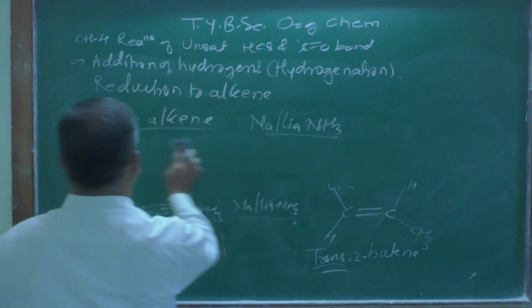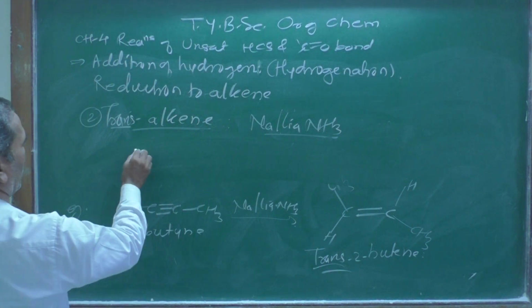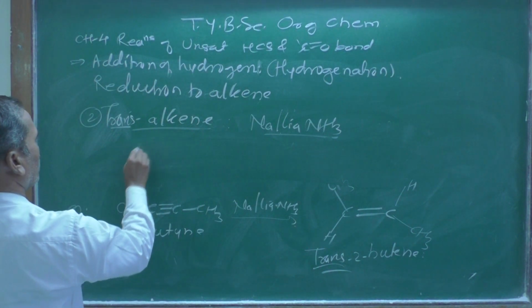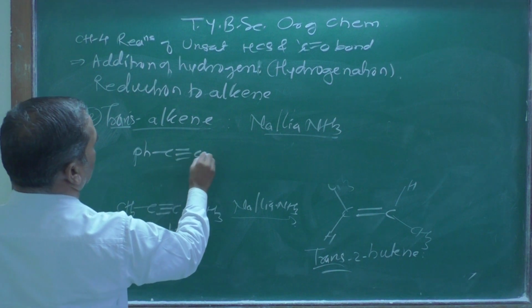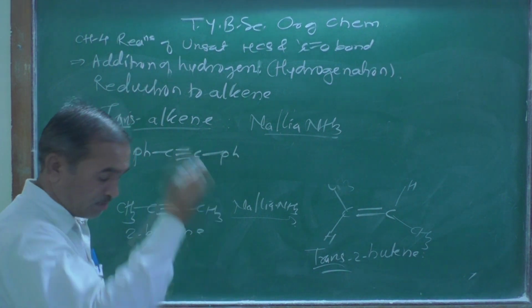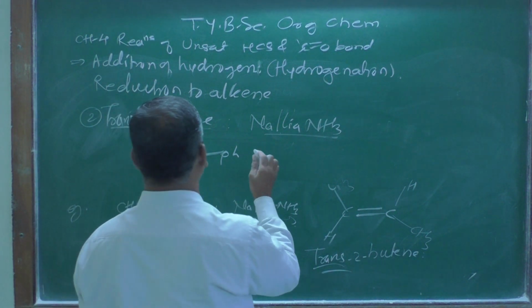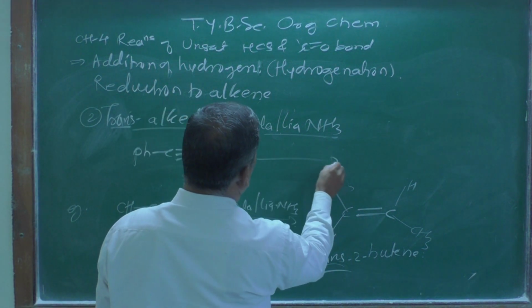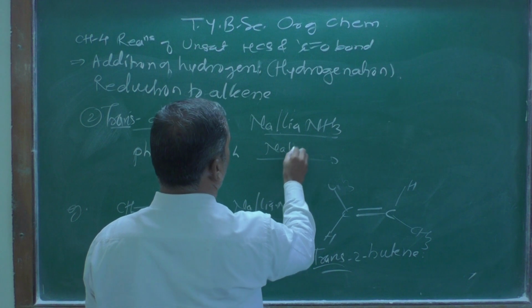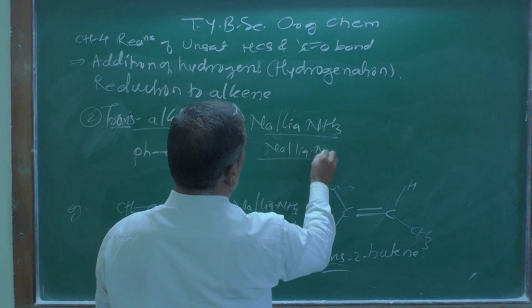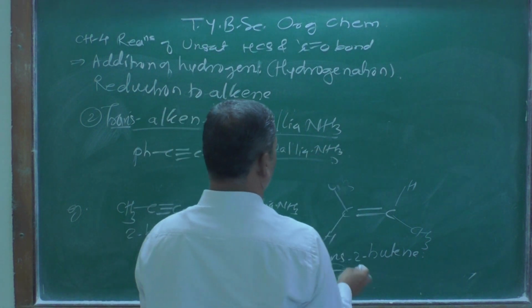Let us look at another example here. Suppose we have Ph, C triple bond C, Ph. Ph is nothing but phenyl. So 1,2-diphenyl ethyne will be treated with the same reagent, sodium in the presence of liquid ammonia NH3. What does it give?